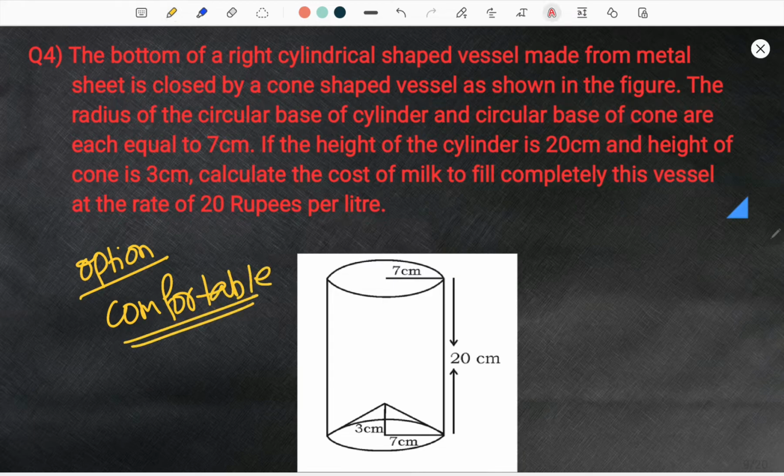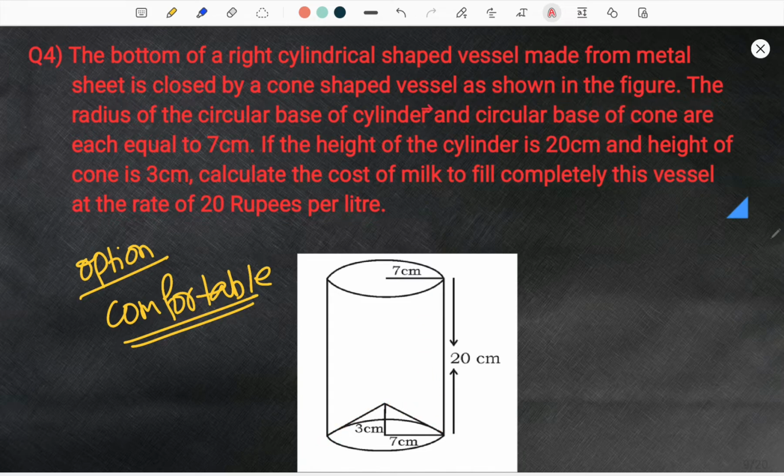Alright, now the bottom of a right cylindrical shaped vessel made from metal sheet is closed by a cone shaped vessel as shown in the figure. Okay, there is a cone here. You must have seen these kind of cups and all. At the bottom there will be cone shaped thing like this.